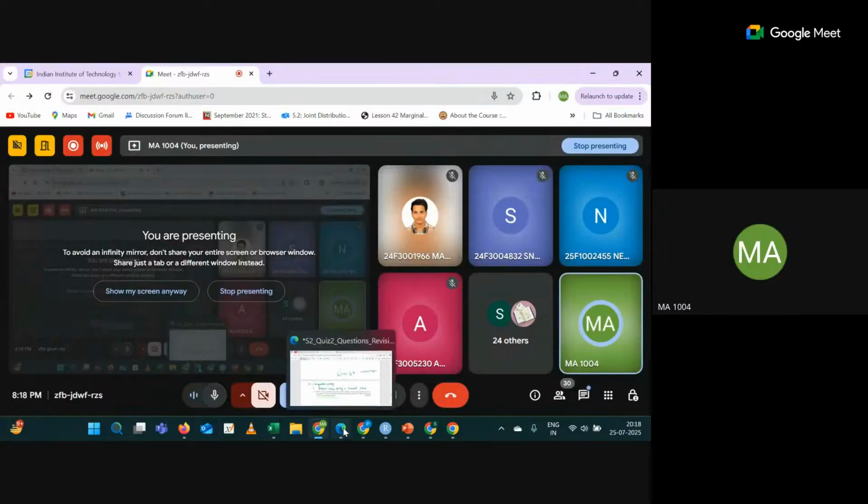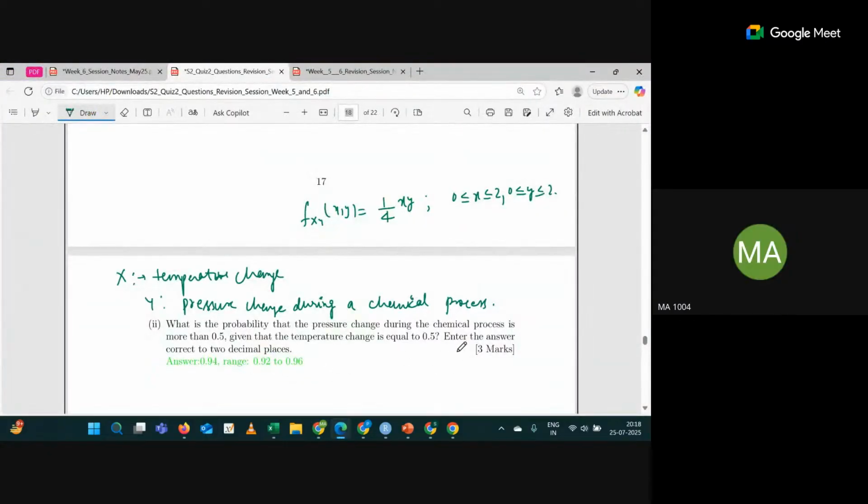I think the answer seems correct because it says correct to two decimal places. You are getting 0.9375, so till 2 decimals it's 0.94. Anyway, we'll solve this and see. I will wait for some 2 to 3 minutes so that other people can solve, and then we will move on.